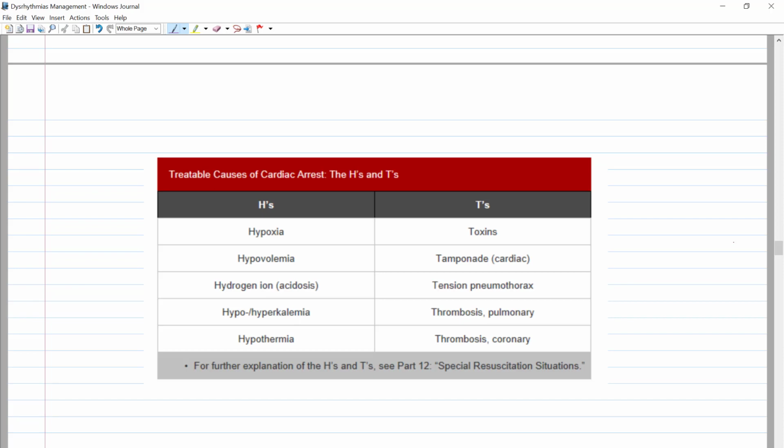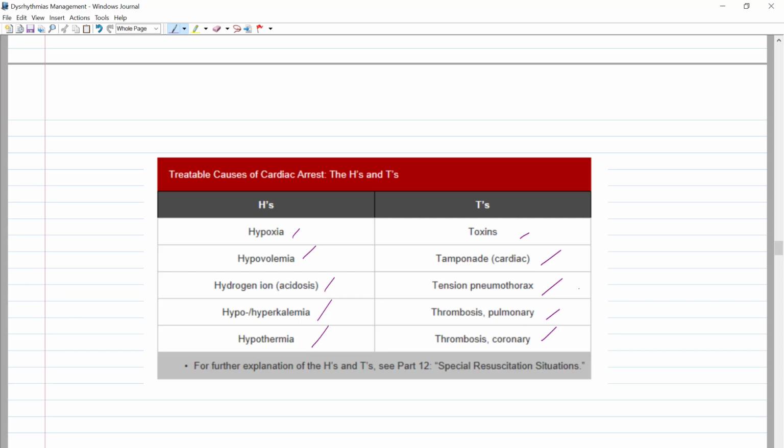So the H's stand for hypoxia, hypovolemia, hydrogen ion or acidosis, hyperkalemia, hypothermia. The T's: toxins. Okay, maybe your patient had toxicity, probably acetaminophen toxicity, opioid toxicity, cardiac tamponade, tension pneumothorax, or probably your patient has thrombosis. Okay, either pulmonary or cardiovascular or coronary.